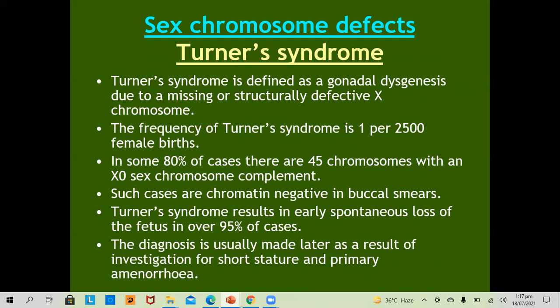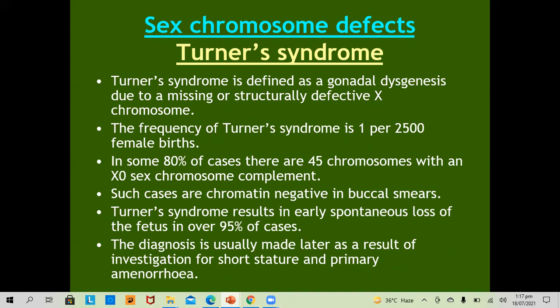Such cases are chromatin negative in buccal smear because they have only one X chromosome, so it is not possible for this chromosome to become redundant. Turner syndrome results in early spontaneous loss of the fetus in over 95% of the cases.